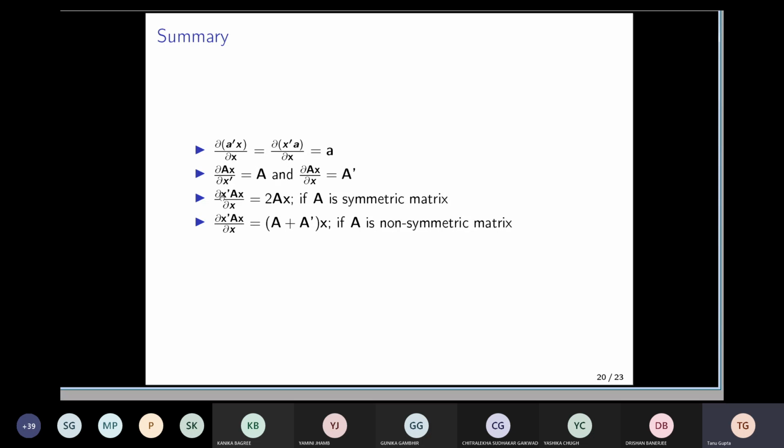In quadratic forms, del x prime Ax by del x will be 2Ax if A is a symmetric matrix. But if A is a non-symmetric matrix, then del x prime Ax by del x will be (A plus A prime) x.